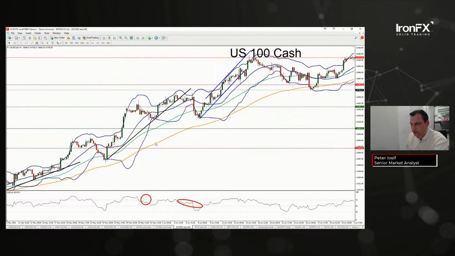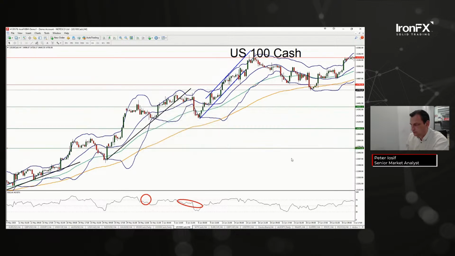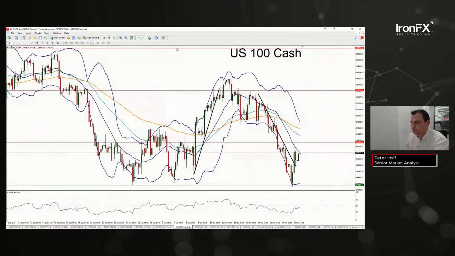It's pretty wide as well, but seems pretty valid in my opinion. And that would be the 13,770. Green. Let's add also some labels.